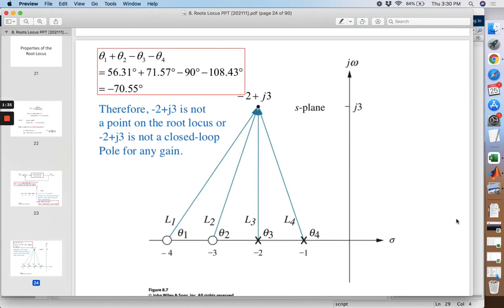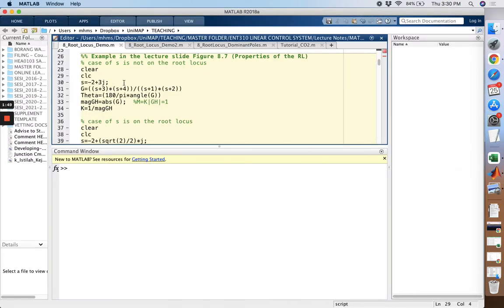How do we know that s is on the root locus? We can do manual calculation, as I explained in the previous video, or we can use MATLAB to solve this problem. So we have s equals negative 2 plus 3j.